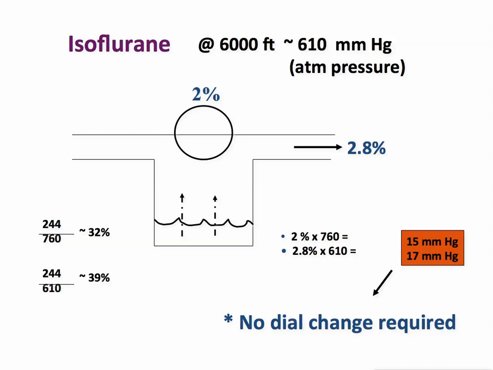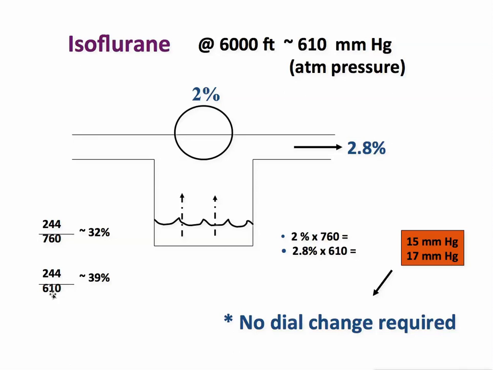The next concept has to do with delivery of inhaled volatile anesthetics at altitude. And this graphic that I've made shows isoflurane at not sea level in this case, but about 6,000 feet elevation, representing a higher altitude obviously than sea level, where the atmospheric pressure is no longer 760 but is about 610. Well, what happens? Remember that the vapor pressure of isoflurane is about 240 or so, and that at equilibrium at sea level it makes about 32% concentration above the liquid.